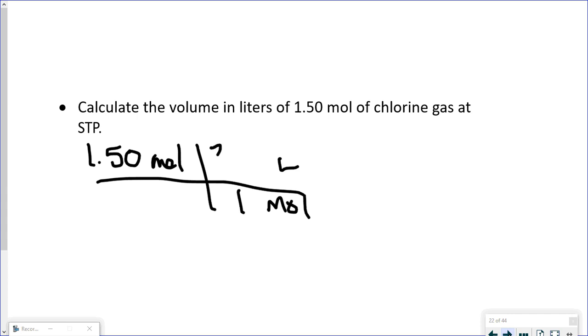And 1 mole is equal to 22.4 liters. That cancels out our unit of mole, leaving us with liters. And yet again, since both numbers are on top, we are going to multiply them, which is going to give us 33.6 liters according to our calculator. And that is to 3 sig figs, which matches our original number. So we're finished.